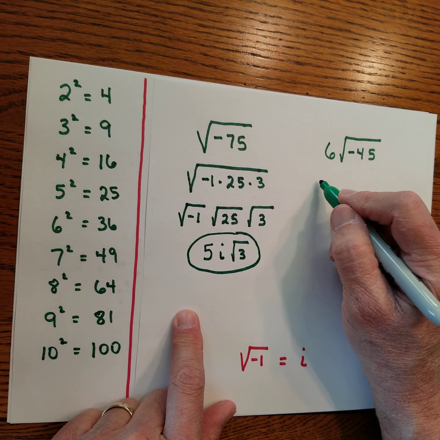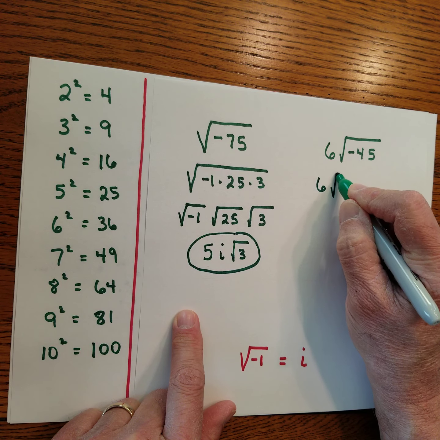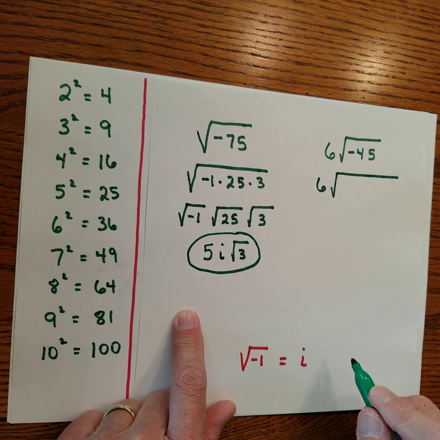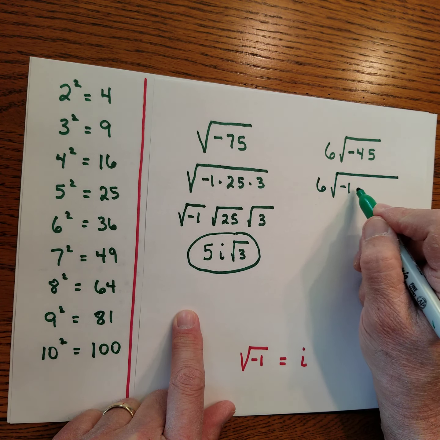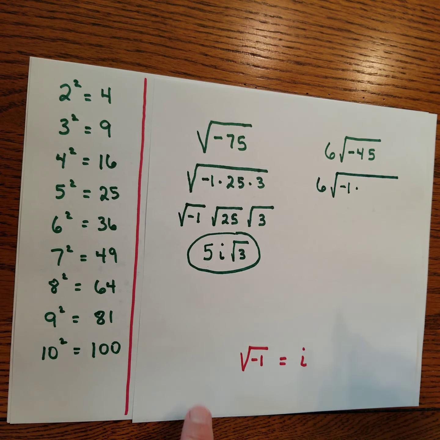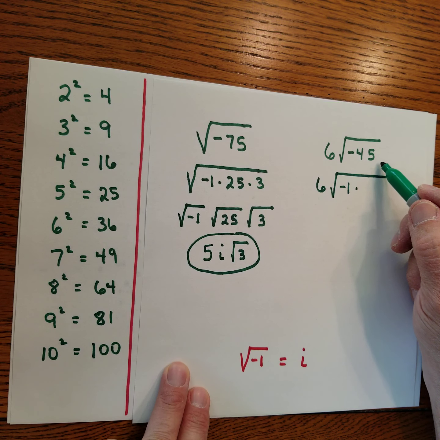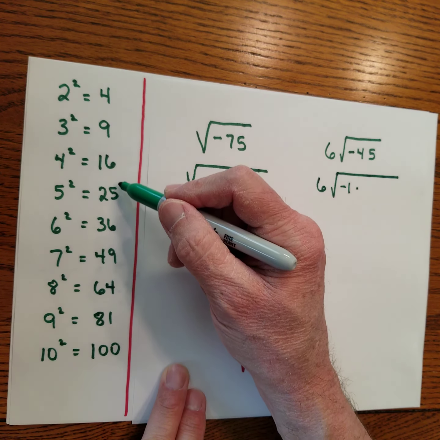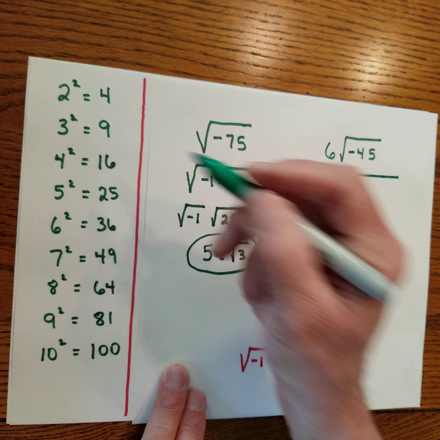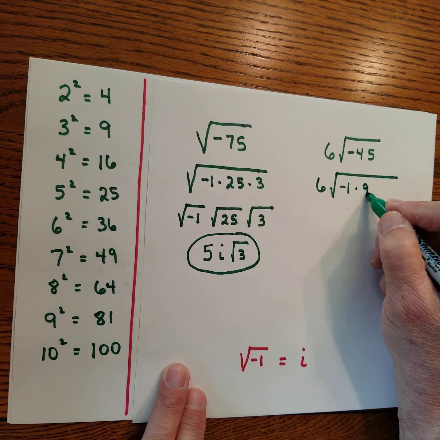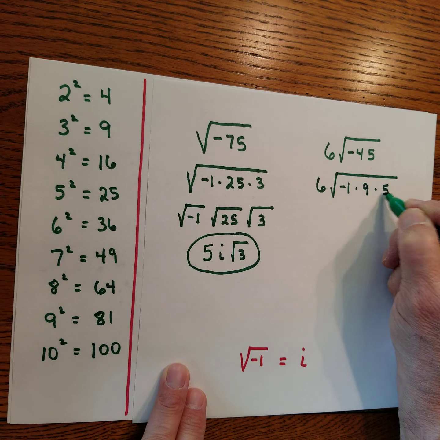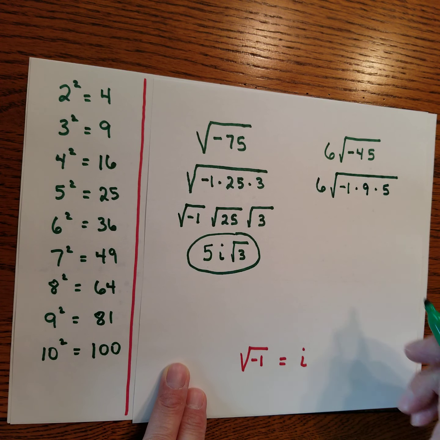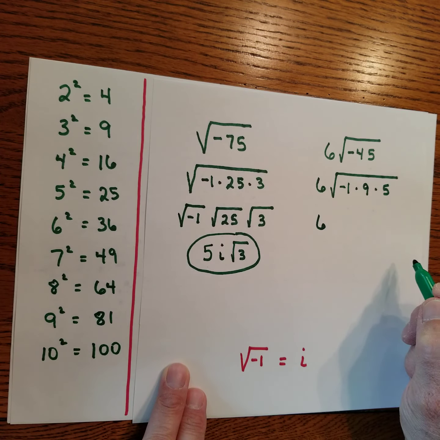Let's try this one. Copy the 6. Break -45 down as -1 times. Which of our perfect squares divides into 45? There it is. 45 is divisible by 9. 45 is 9 times 5. Copy the 6.